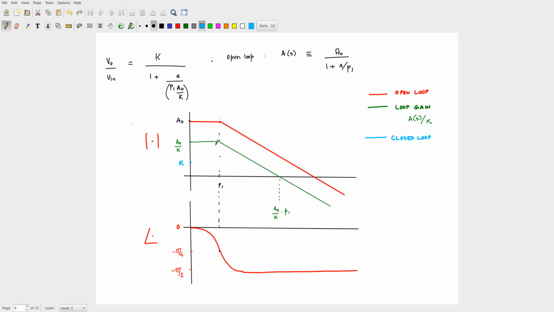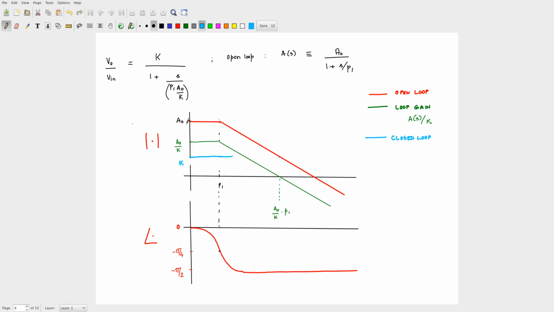And then, this one has to be drawn carefully. It starts at K, then it remains flat all the way until what?